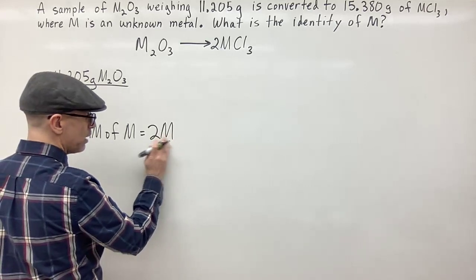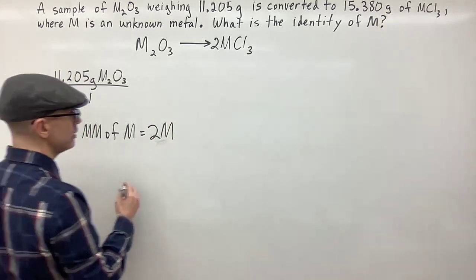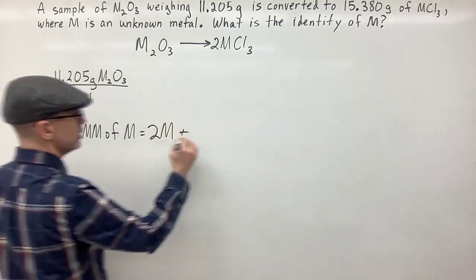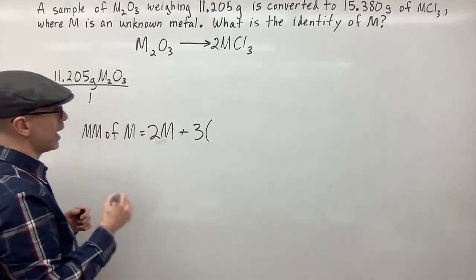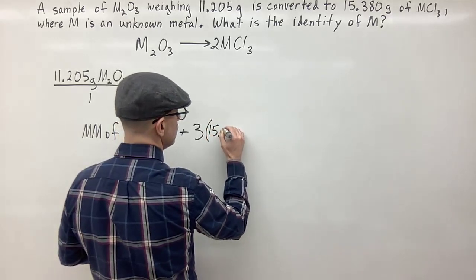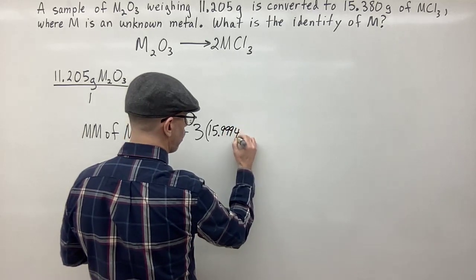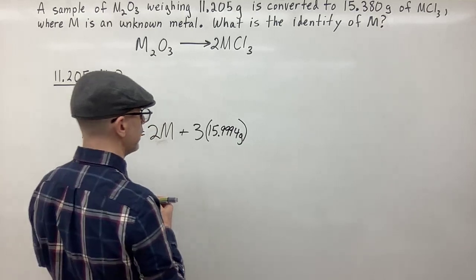I'll just say M for the molar mass of M, plus 3 times the molar mass of oxygen, which is 15.9994 grams per mole, right?